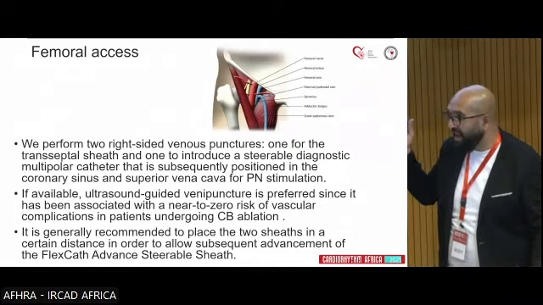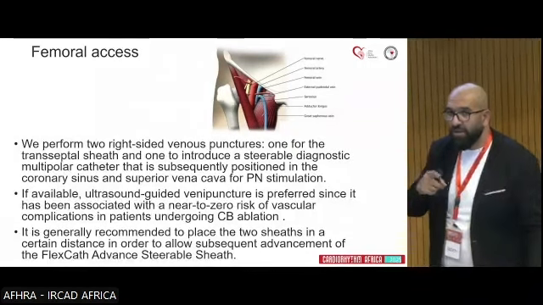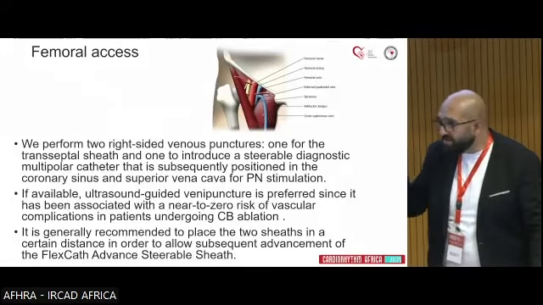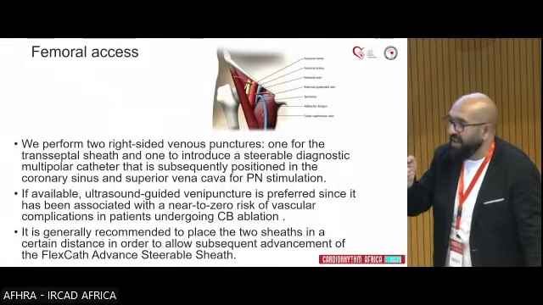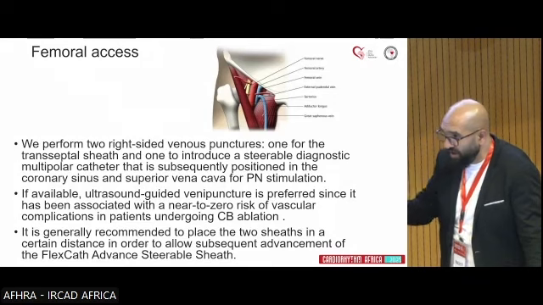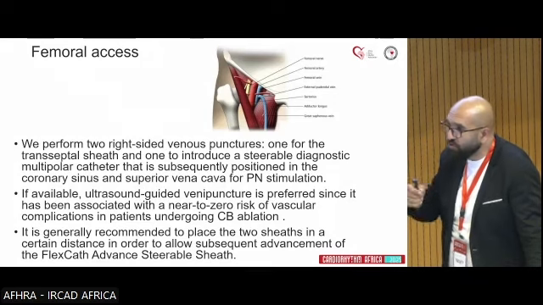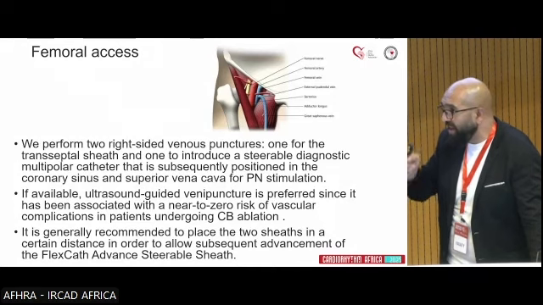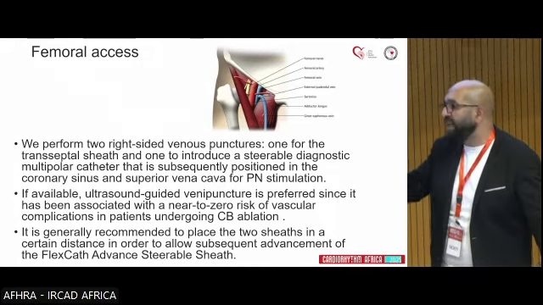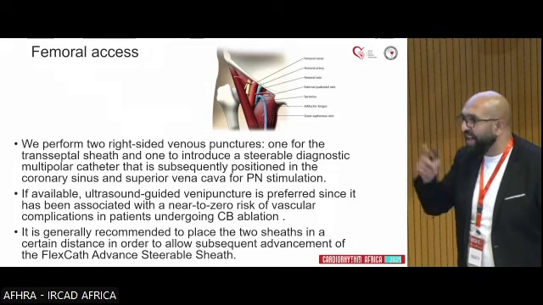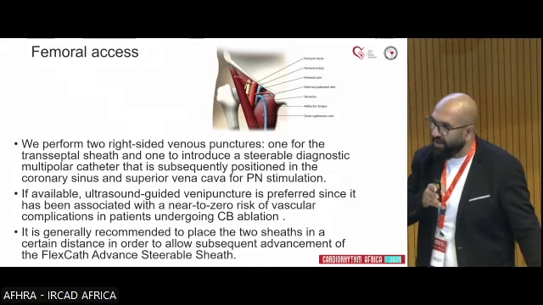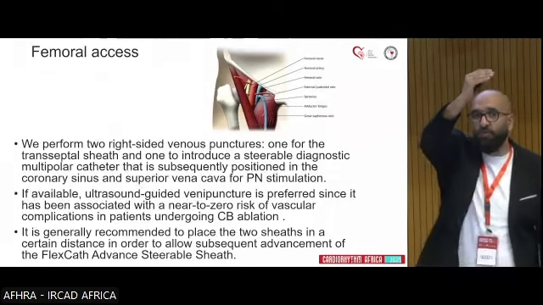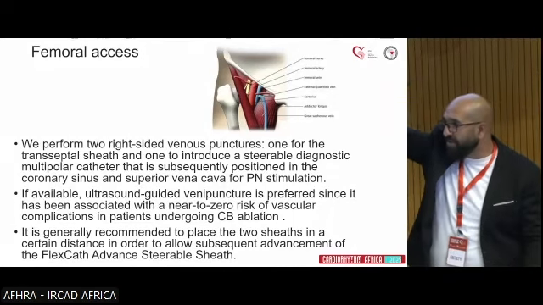As Engineer Mohammed told, there is a very big French catheter, the FlexCath, so sometimes we take a figure of 8 suture to make hemostasis. So we will do 2 femoral vein accesses, one for the decapolar catheter that we use at first in the CS, and at the end of the procedure, when we start to pace the phrenic nerve, we put it in the superior vena cava and pace to test the phrenic.